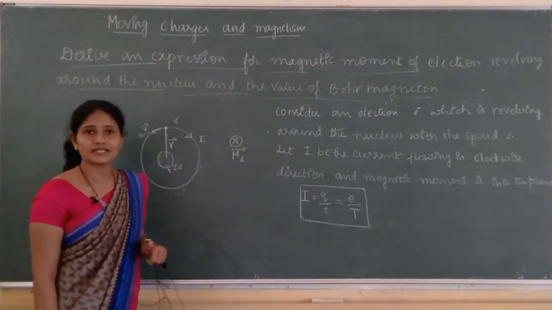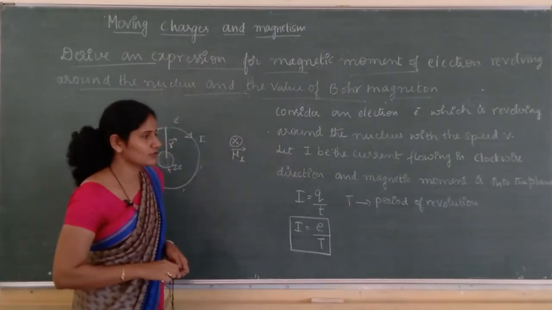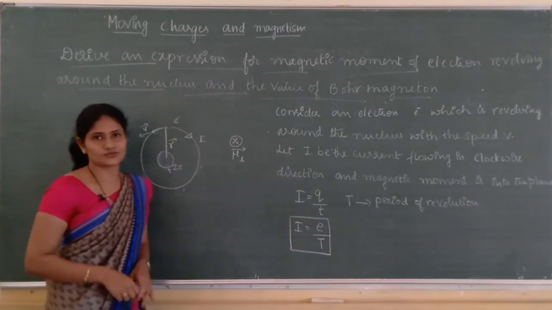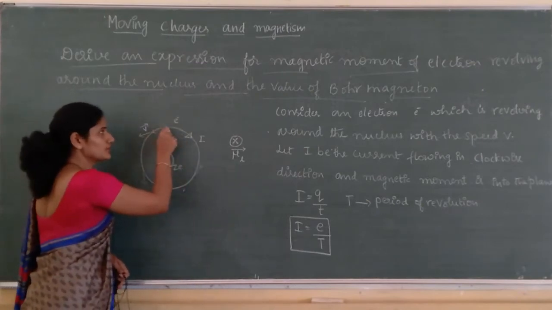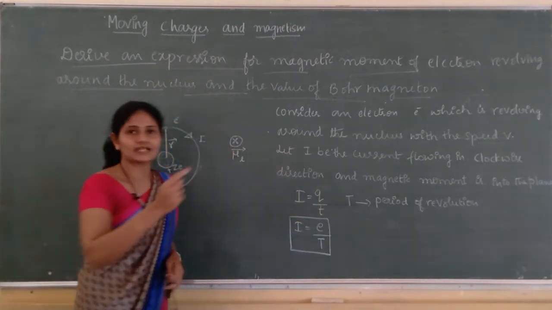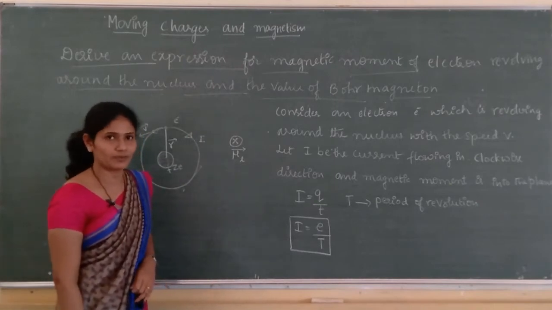What is T? T is the period of revolution of electron. What do you mean by period of revolution? It is the time for one revolution around the nucleus. Time for one revolution around the nucleus is called the time period, and it is represented by capital letter T. So, I is equal to e by T.